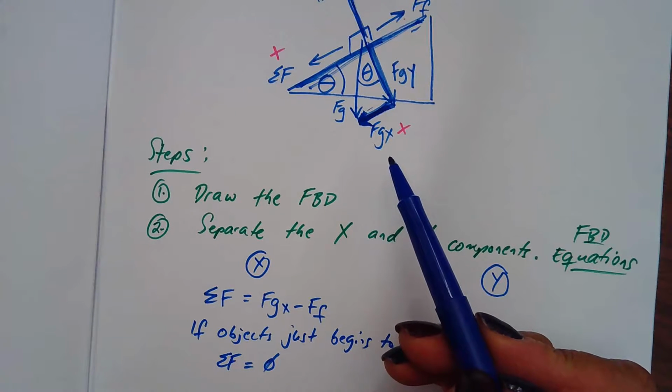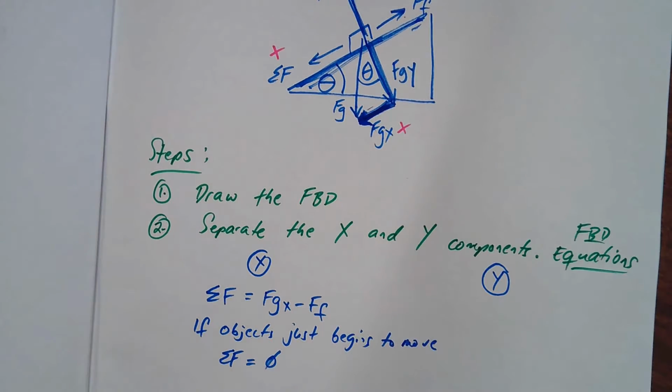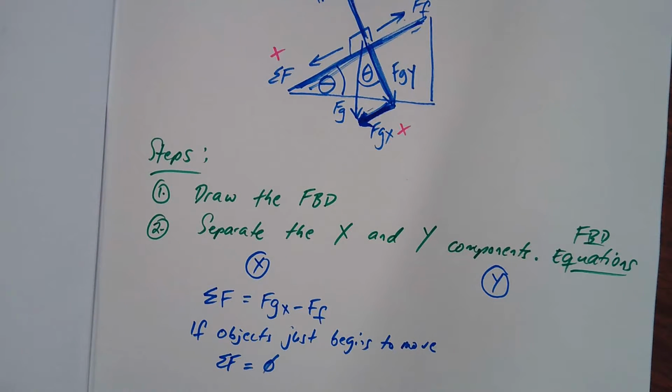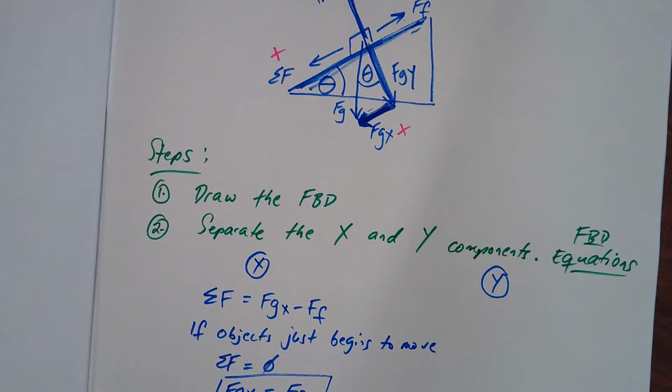The Fg of x is what is causing that box to slide. Do you understand that concept? So if that is equal to the frictional force, then it will begin to move. It actually has to exceed that a little bit. So this Fg of x then is equal to the frictional force.